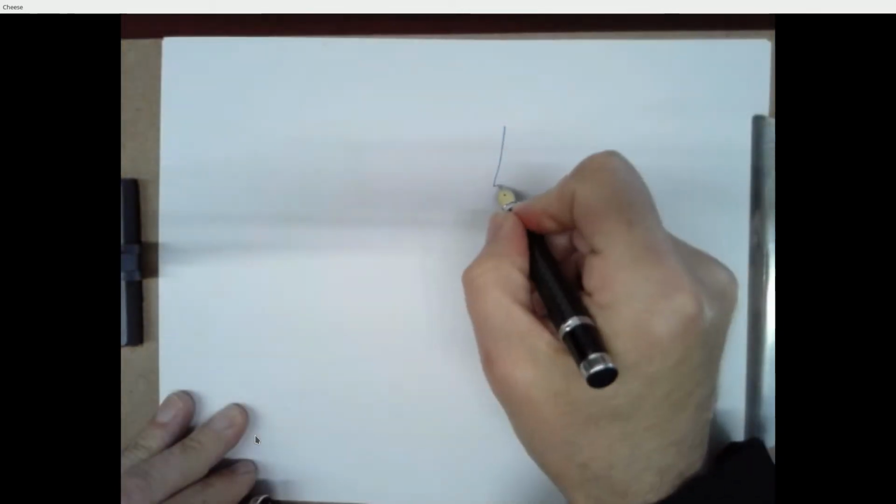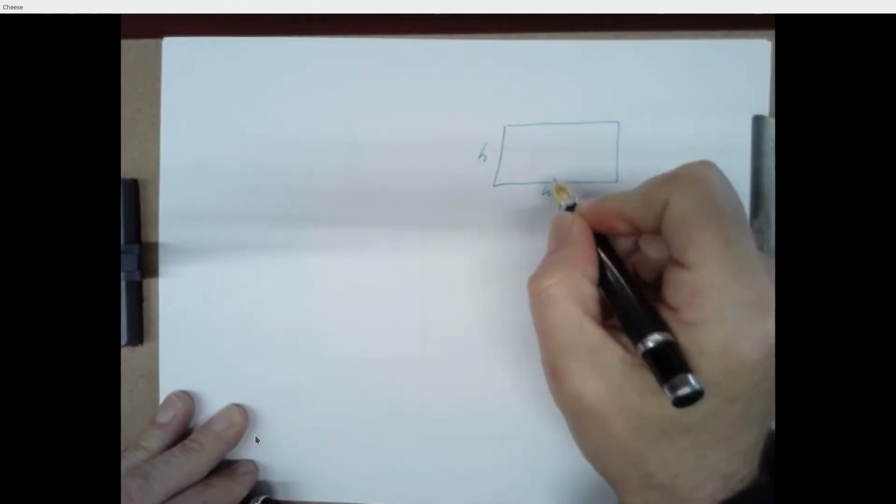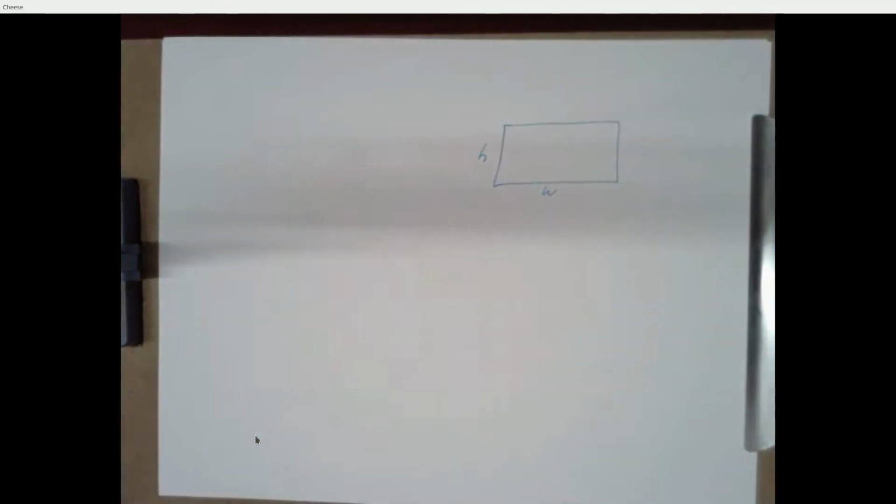So a rectangle is just a four-sided thing. And it's got a height and it's got a width. And it's got an area, which is the height times the width, and it's got a perimeter, which is 2h plus 2w, and so on and so forth.